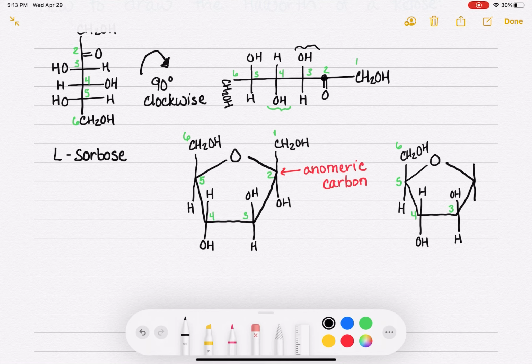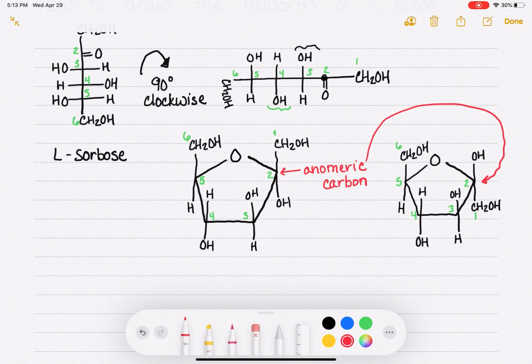And then when you get over here to carbon number 1, the position of the stuff on there depends on whether you're being asked to draw the alpha anomer or the beta anomer. There's always going to be an OH and a CH2OH, and the direction that you point them depends on if you're drawing alpha or beta.